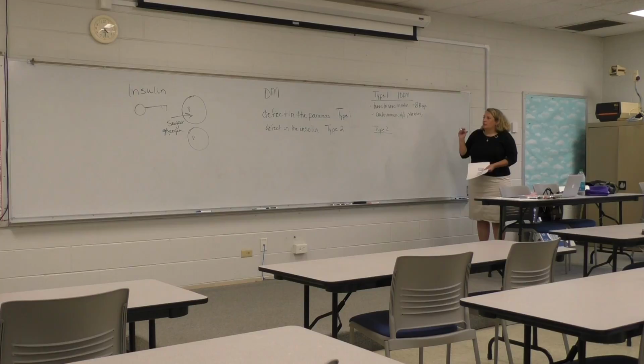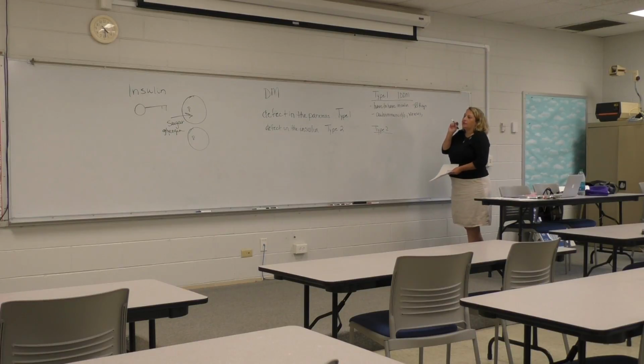You can do a pancreas transplant in type 1 patients, but if you put a new pancreas in, the same problem that destroyed the first one will end up destroying the second pancreas. So, I think they've kind of gone by the wayside a little bit.